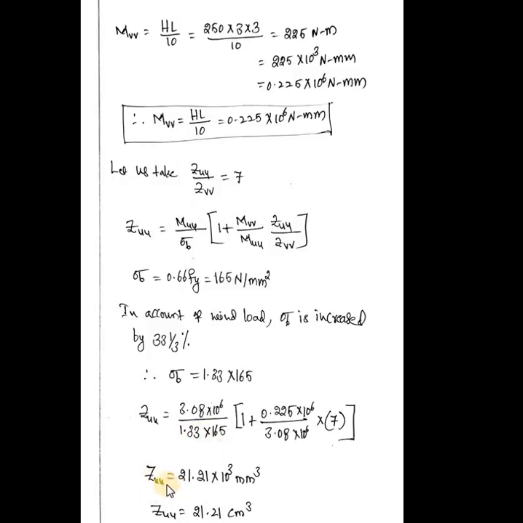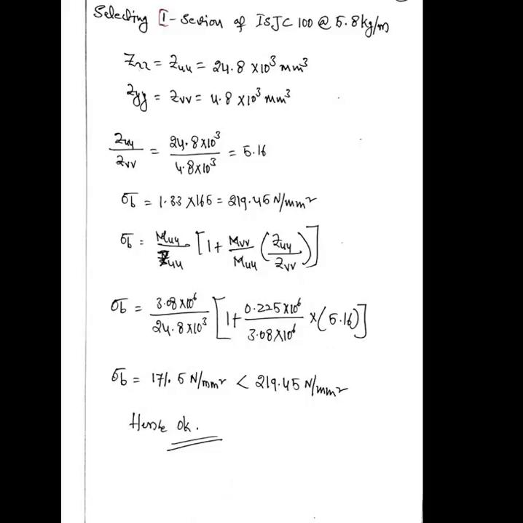Finally, after calculation, we will get ZUU is equal to 21.21 into 10 power 3 mm cube. In terms of centimeter cube, ZUU is equal to 21.21 centimeter cube. Now based on that ZUU value, from Handbook number 1, that means the steel table, we can select a section, because we have ZUU equal to 21.1 centimeter cube, that means 21.1 into 10 power 3 mm cube.